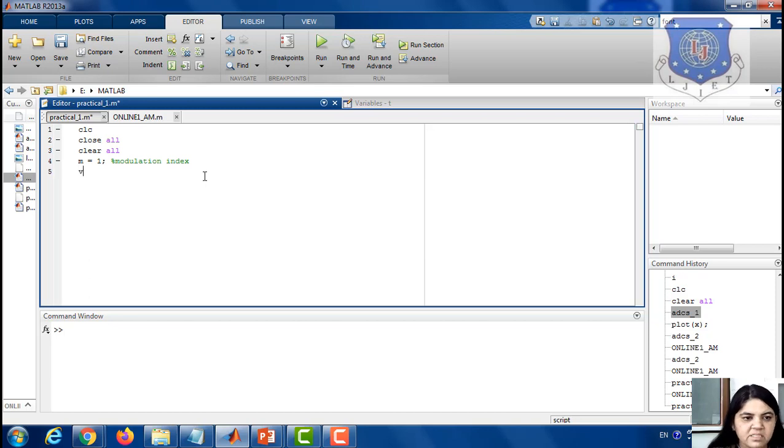Now the maximum amplitude of the modulating signal, suppose I assume it is 10 volts. I am assuming the frequency of my wave is 2 kilohertz, the frequency of the modulating signal.